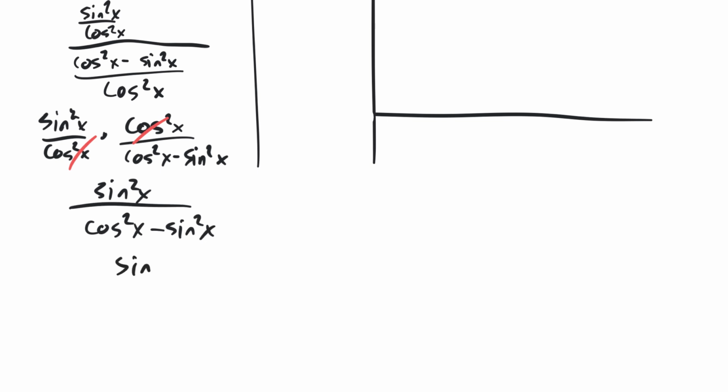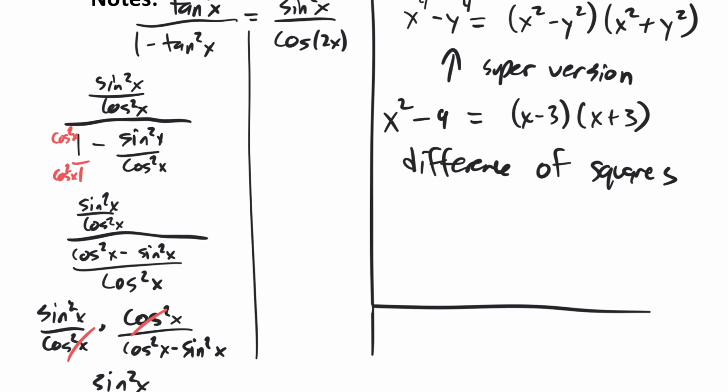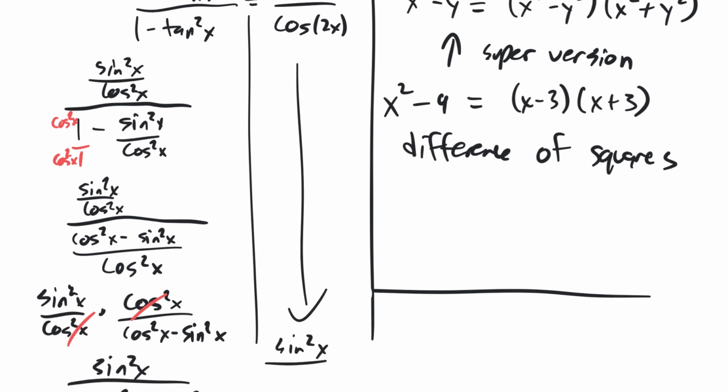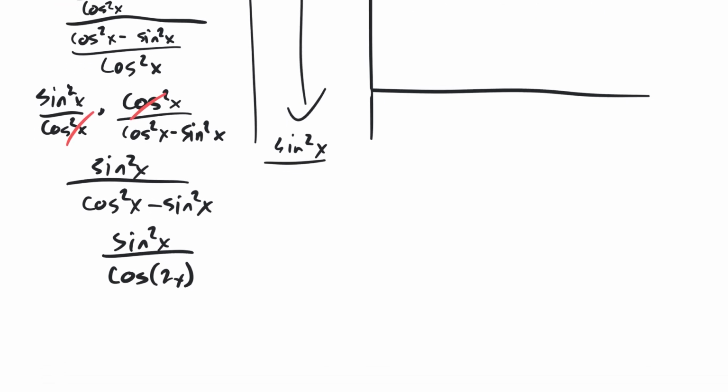And we can write sine squared x on the top. At the bottom, we can reverse the identity as cos 2x. Now if we just check back at the top, we had initially sine squared x over cos 2x. And so we're good to go. The left-hand side equals the right-hand side.